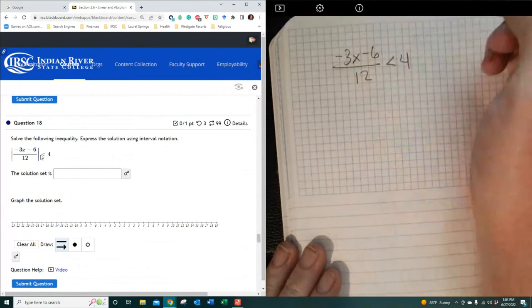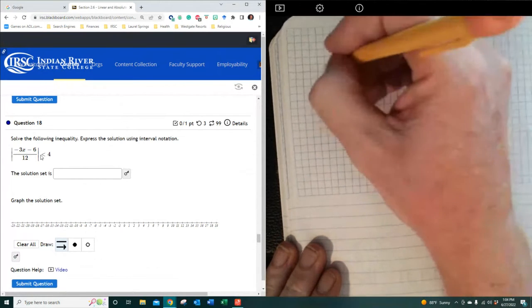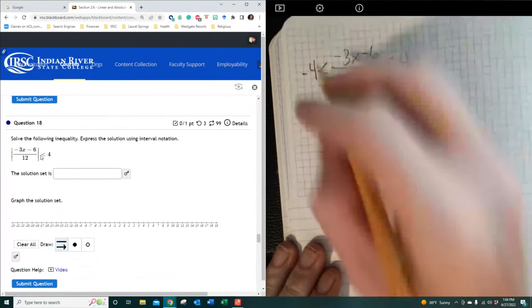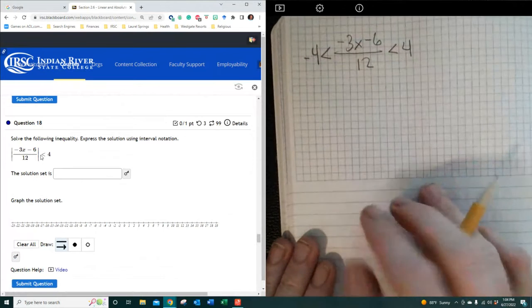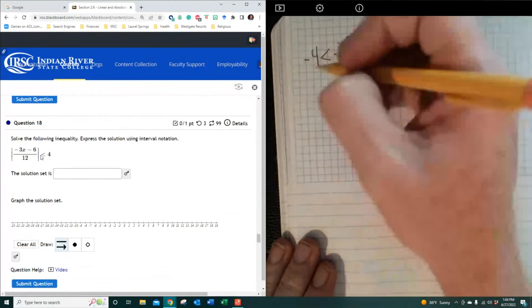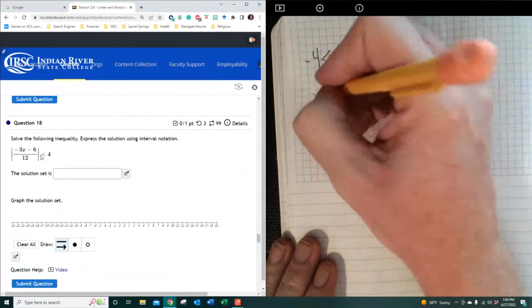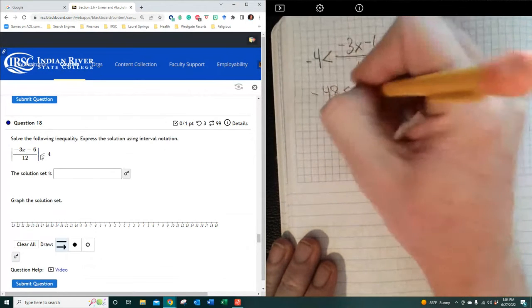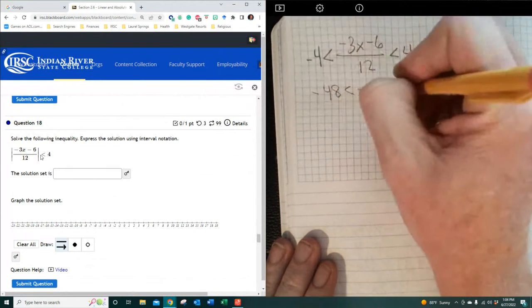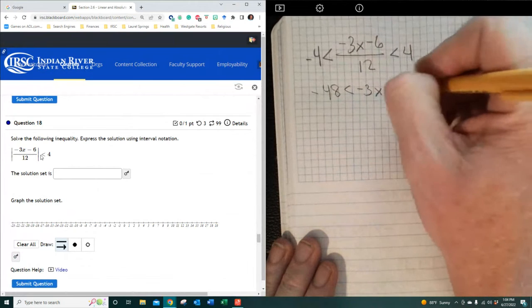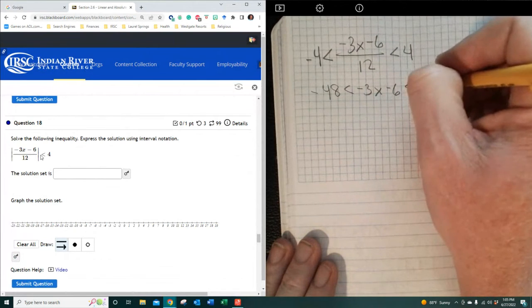You're going to take away the absolute value bars, and you're going to go like this. Put a -4 on the other side. And then you multiply both sides by 12, and then you get -4, the 8, and then you have this. Then you have 48 on this side.